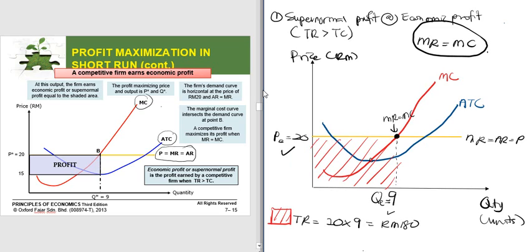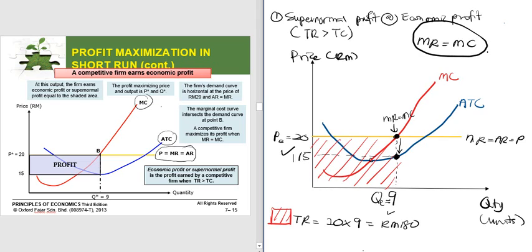Next is for you to find the total cost. From the equilibrium point, from MR equals MC, you drag downward until you touch the average total cost. Then you drag to the left, so you get the average total cost. Average total cost means the cost of producing one unit of product.